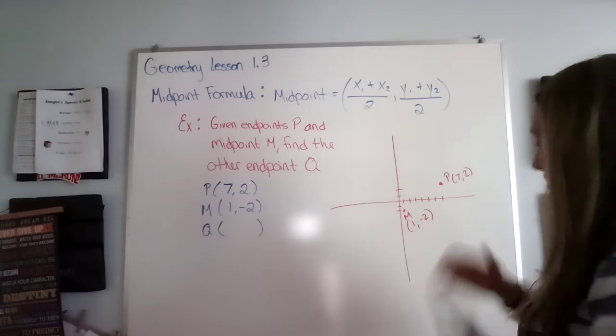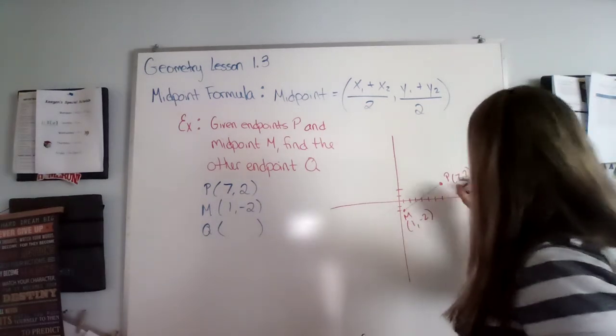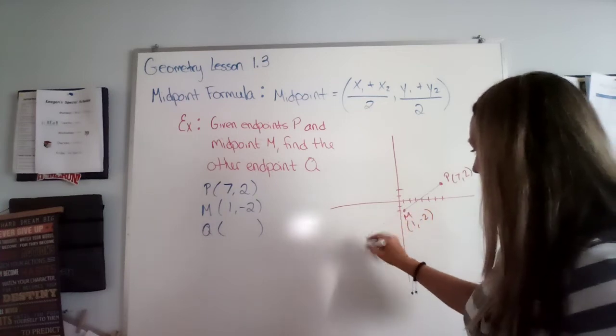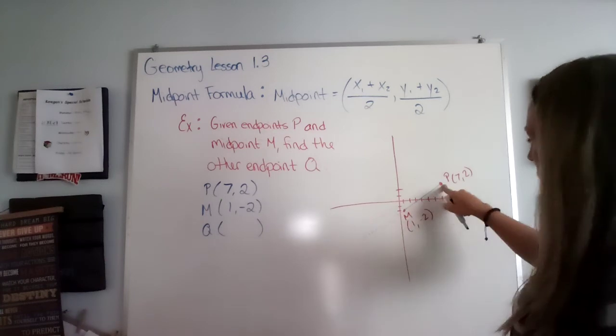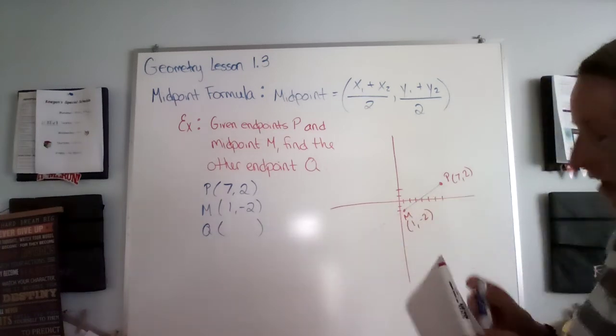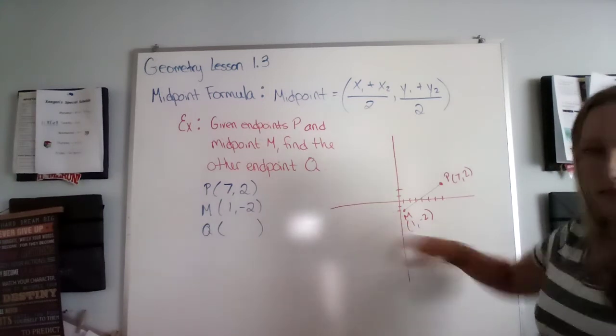All right. So just kind of visually looking at this, if this is the midpoint and that's the endpoint, I know my other endpoint is probably going to be like over here somewhere, right? If this is the middle, that's the midpoint. That's one endpoint. The other endpoint has to be this direction in order for M to be in the middle. All right, so I have a general idea. It needs to be in this quadrant, somewhere down here.